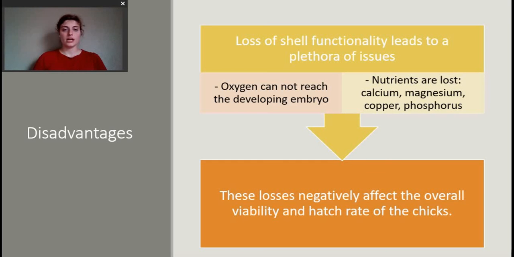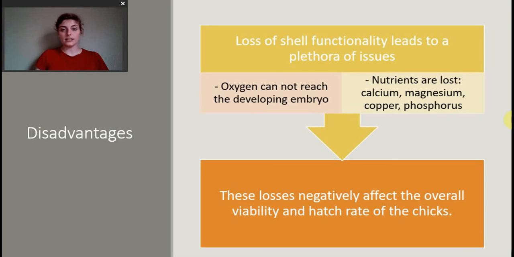the eggshell. So as the chicken embryo develops, carbon dioxide has to be released, and fresh oxygen needs to be taken in, and that is often facilitated in nature by the eggshell.